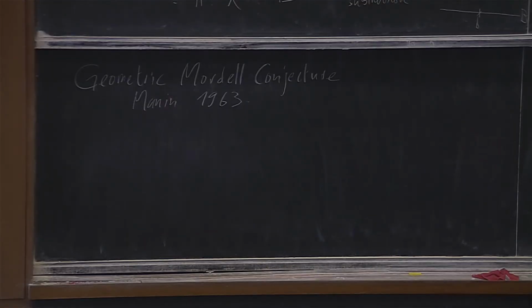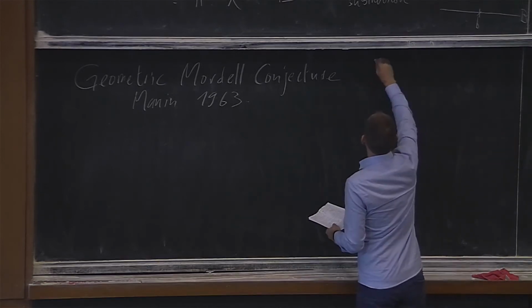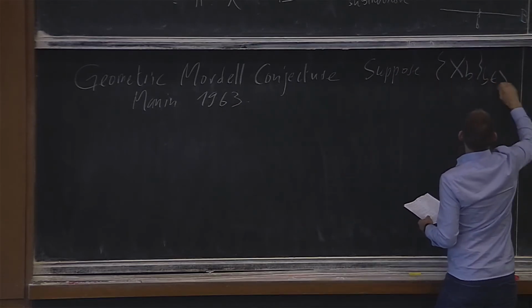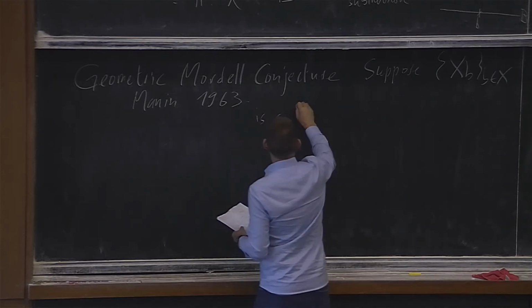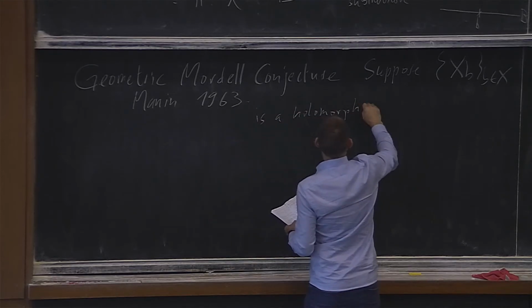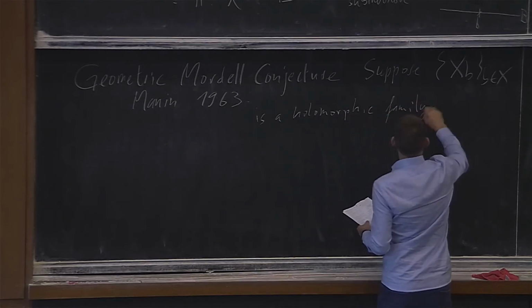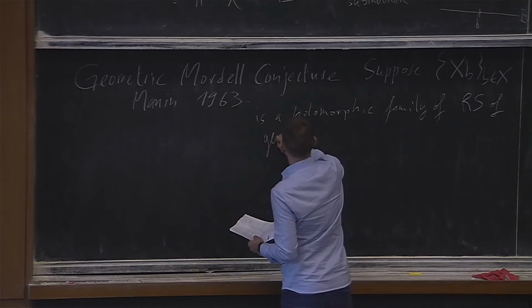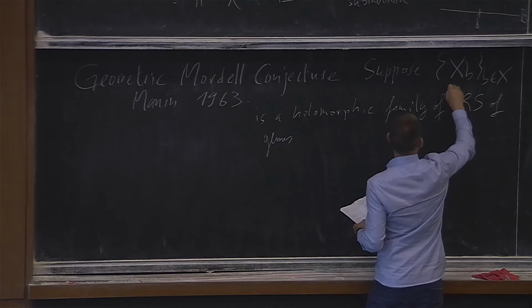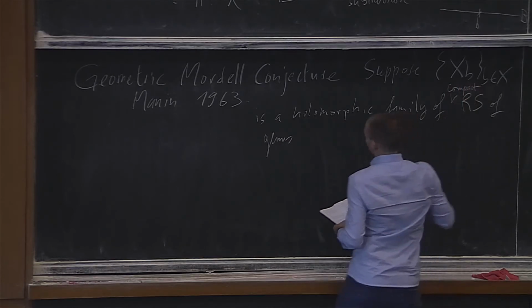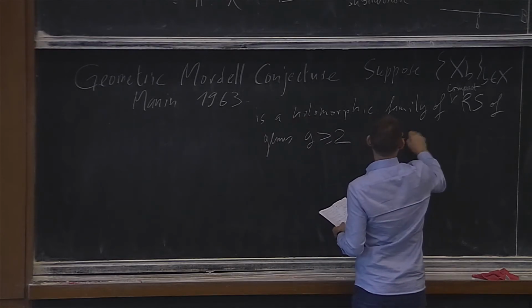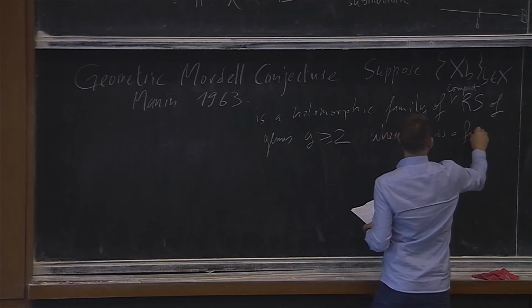Which is that suppose X over B is a holomorphic family of compact Riemann surfaces of genus g larger than 2, where B is a finite type Riemann surface.